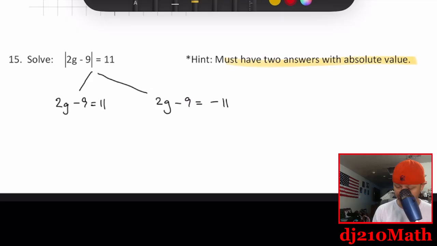So notice the negative sign here. Right? We have a positive one and we have a negative one. Now, we can only do this when the absolute value is the only thing on the left. So notice here, it's just absolute value with some stuff inside of it. That's when we can split it into 2. Had this problem had a whole bunch of stuff around it, then you can't break it into 2 right now.